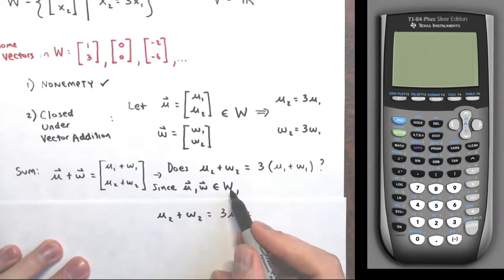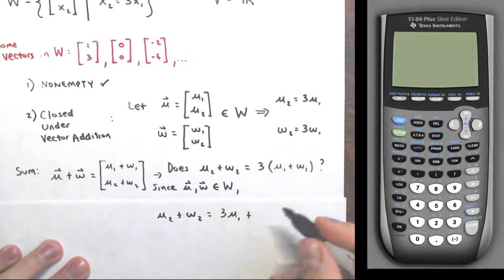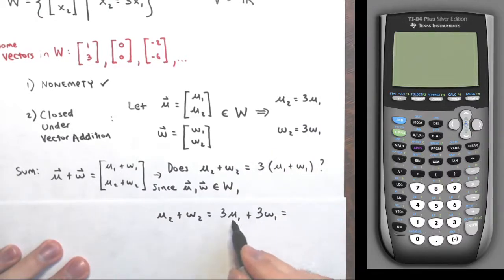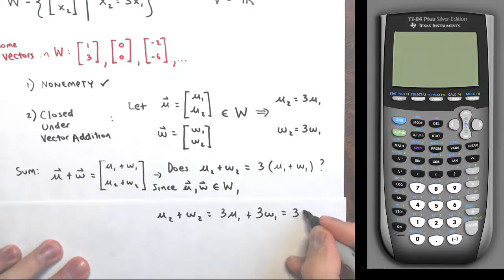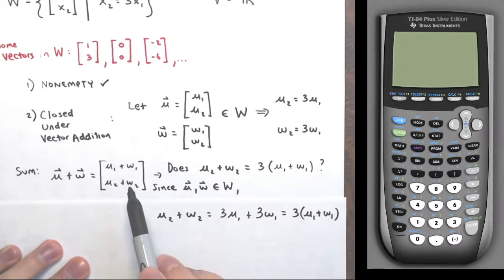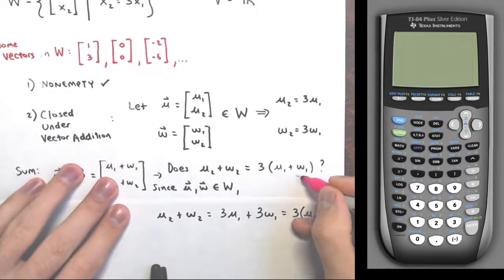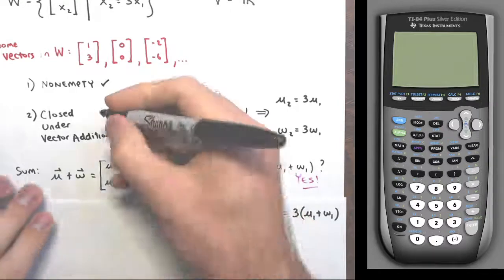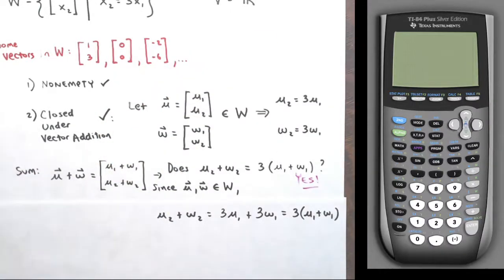Since w belongs to set W, w2 can be replaced with 3w1. And then look at these two. They both have a common factor of 3. I can factor the 3 out and get 3 times u1 plus w1. And look, that's exactly what we wanted to show. u2 plus w2, the second component of the sum, is equal to 3 times the first component of the sum. So the answer to that question is yes. And because it is, I'll put a little check mark here, this set is indeed closed under vector addition.